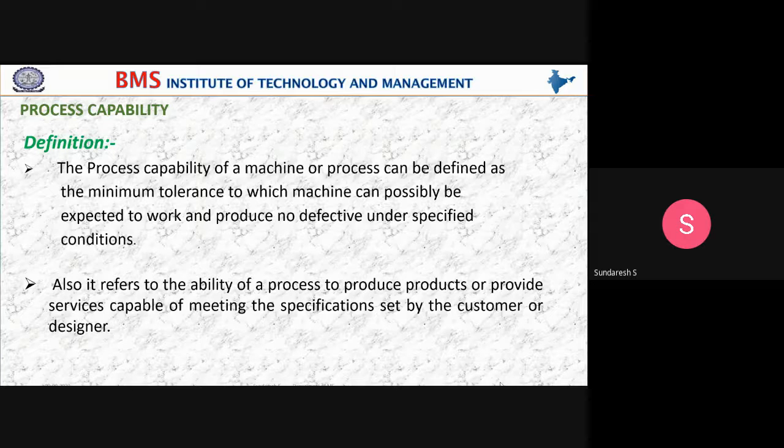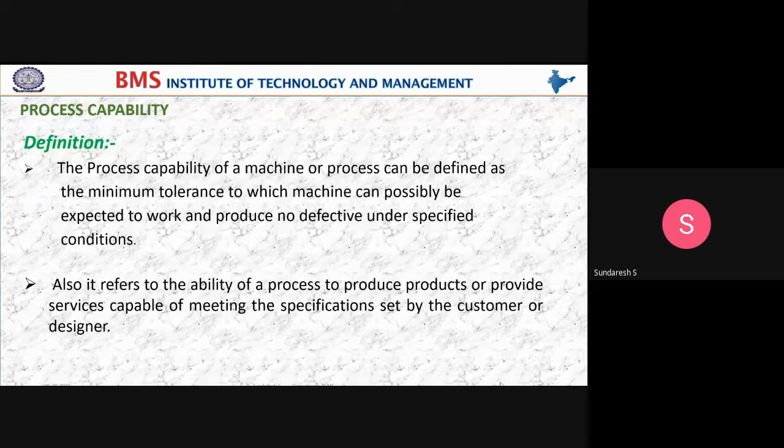Whenever any process or machine has certain limits, if it is able to provide an output within those specified limits, then we say the process is capable, or the machine has a good process capability.